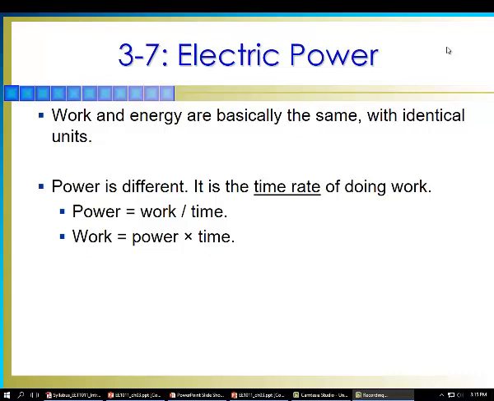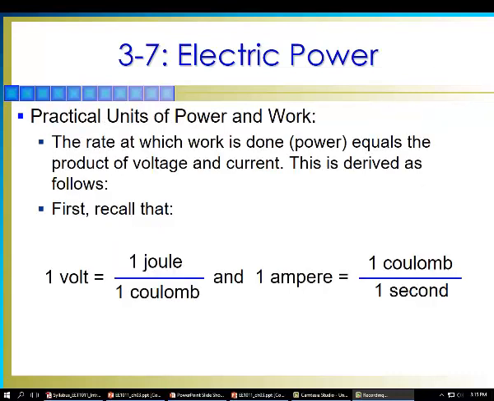In other words, power is equal to the work divided by time. Or we can also say that the work is equal to the power multiplied by the time. Practical units of power and work: I mentioned before, the power is expressed in watts.